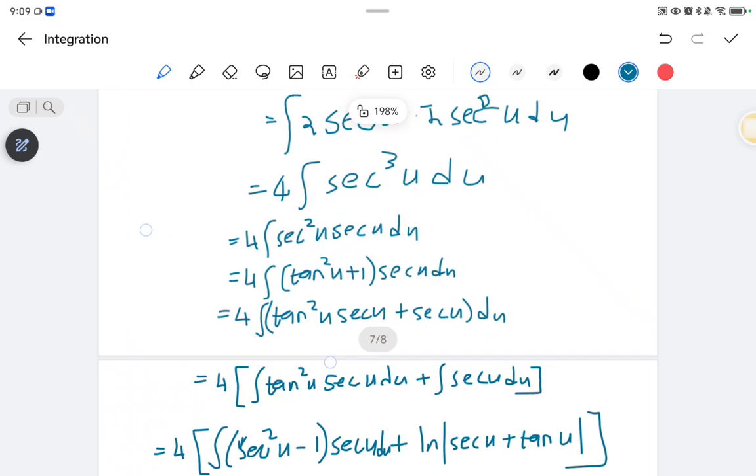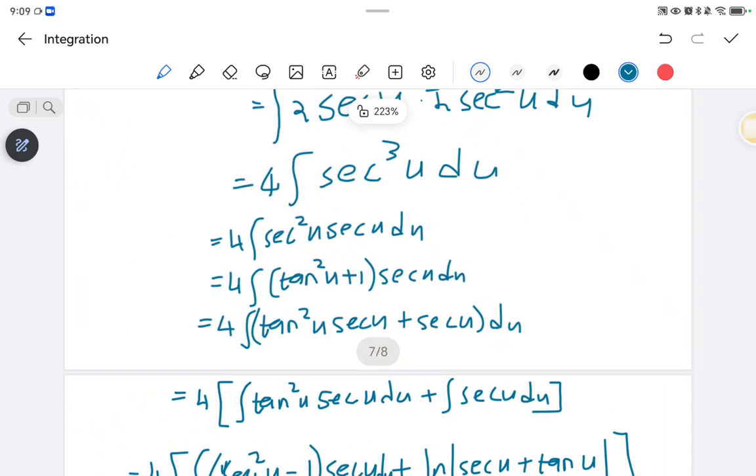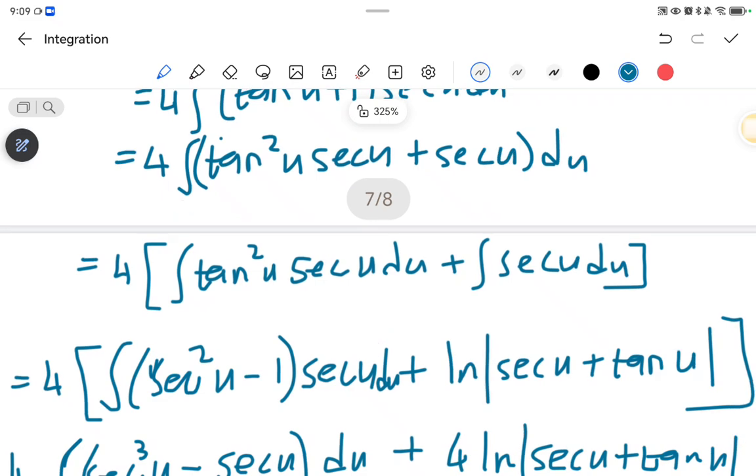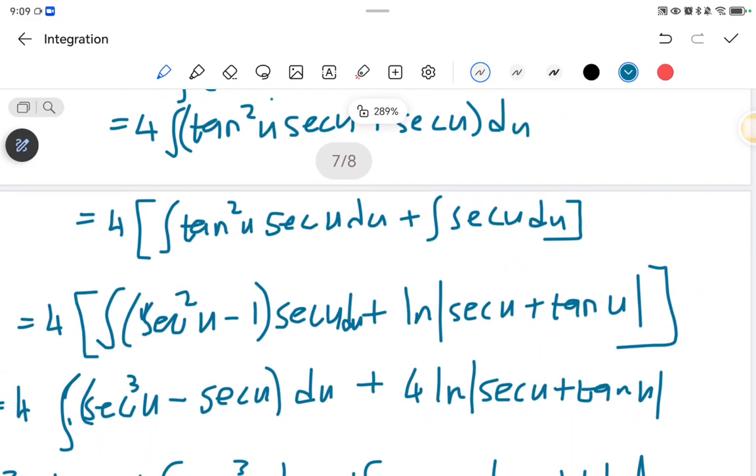So we had the tan u sec u, that we integrated the sec u, then we got back to tan u sec u plus sec u, and then we know that the integral of sec u is ln sec u plus tan u, and then we interchanged tan squared u to sec squared u minus 1.